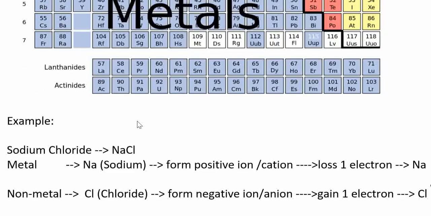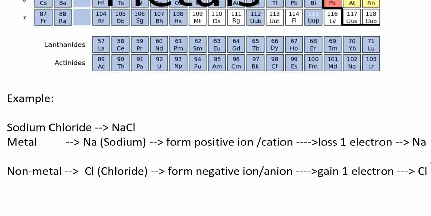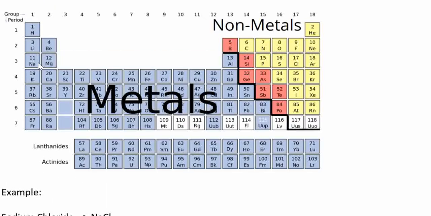Now let's see an example of an ionic bond. Sodium chloride, NaCl, is the most common ionic compound. The metal is sodium, and sodium is in group 1.